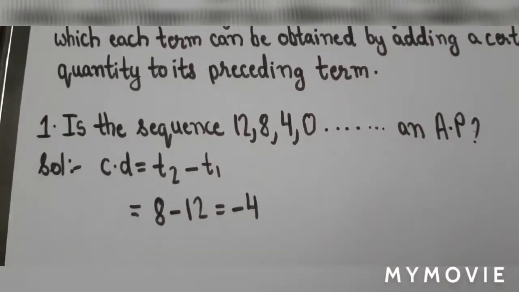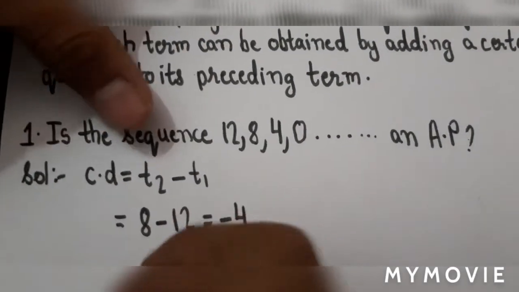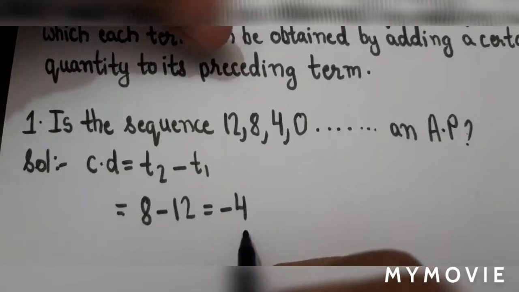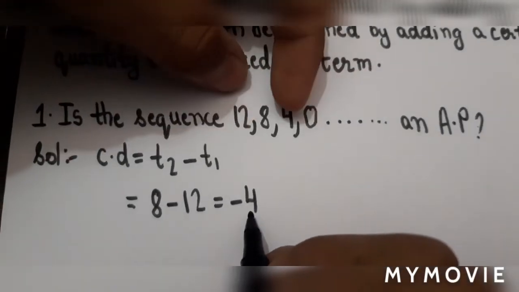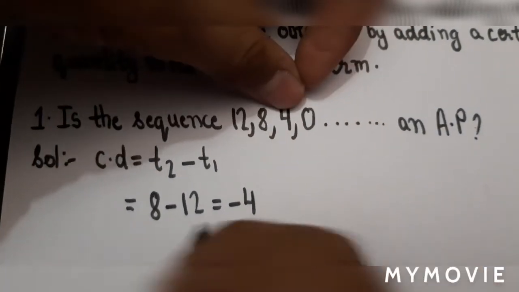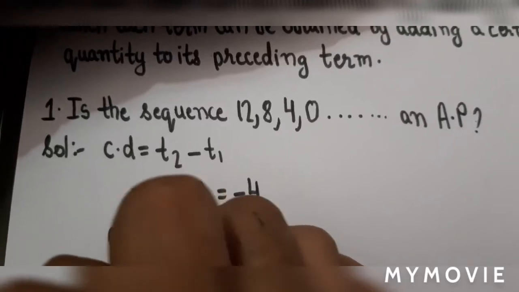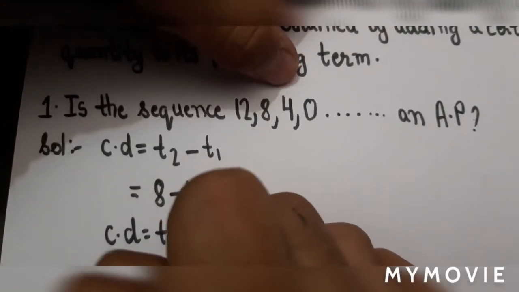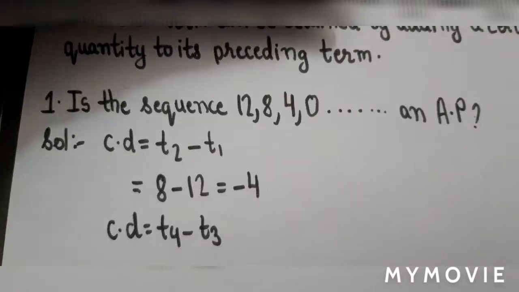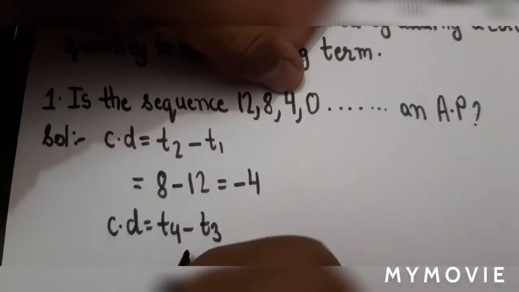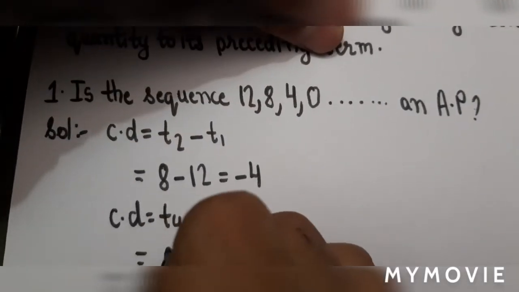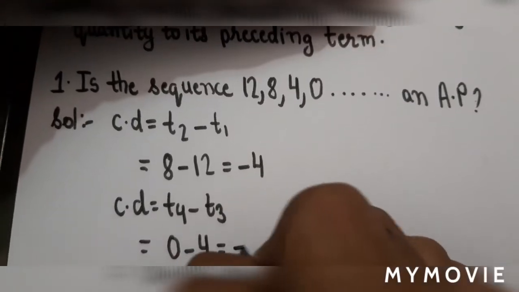And one more time you should check: minus 4 is the common difference. The second time you should check from 0 and 4. So CD is equal to T4 minus T3. T4 means 0, T3 means 4. So 0 minus 4 is equal to minus 4.